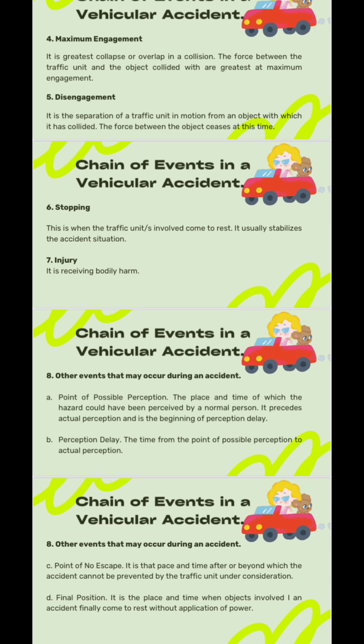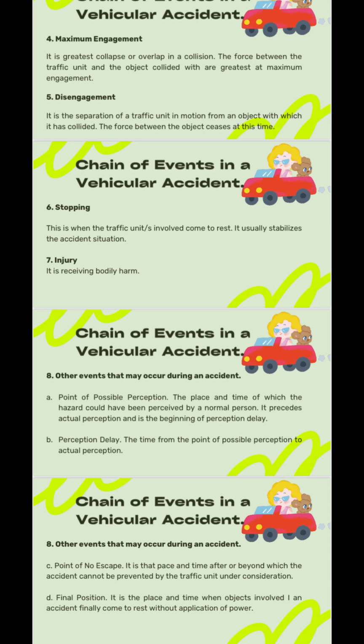So C is the moment in time and place after which the collision or accident cannot be avoided. The situation has gotten to a point where it is impossible to prevent the impact no matter what actions are taken. Example is a car runs a red light and a pedestrian steps into the crosswalk.